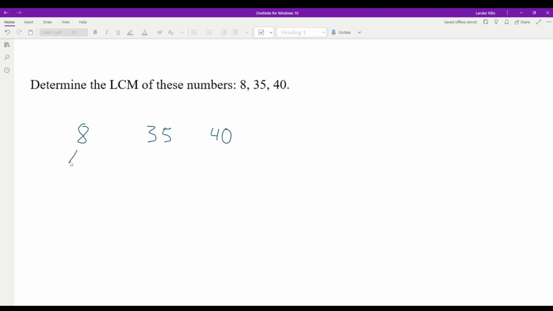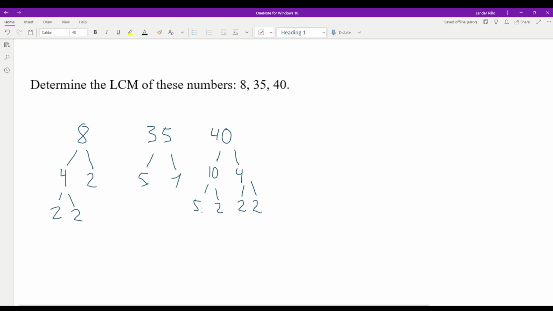Again, every number can be reduced to prime factors, so you just divide them. It's 4 and 2, and then 2. Now they're all prime, so we can stop. 5 and 7, they're all prime, so we can stop. And then we have 10, 4, 5, 2, all prime, we can stop. 2 and 2, all prime, we can stop.